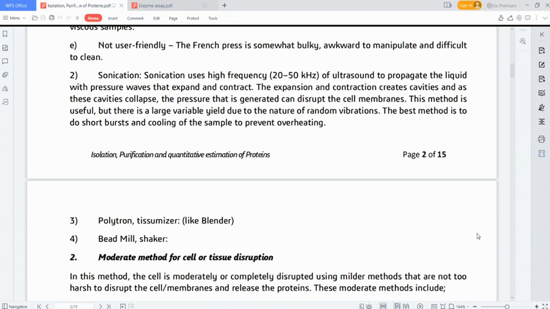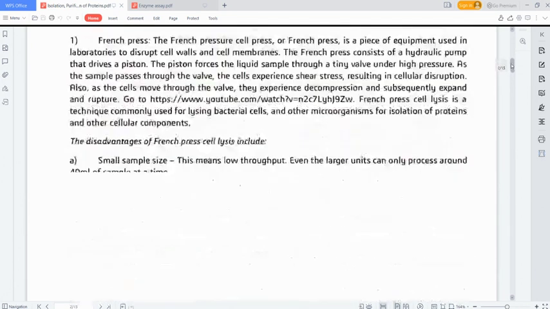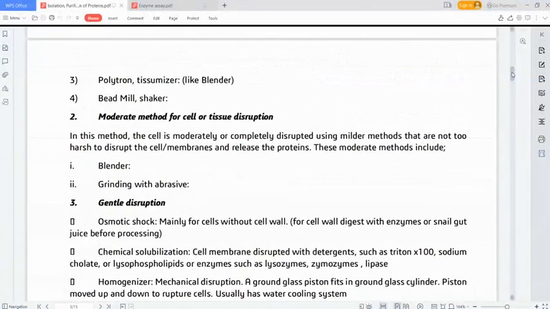You equally have what we call bead shakers. All these can be employed when you're making use of a very tough way to disrupt, a vigorous method to disrupt your proteins.